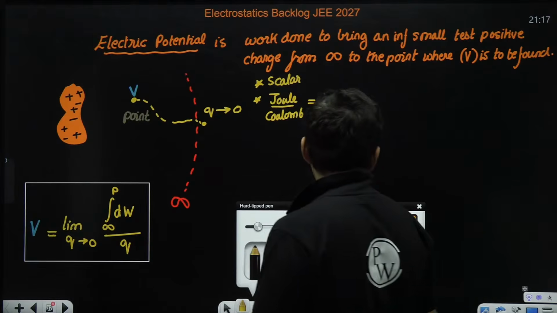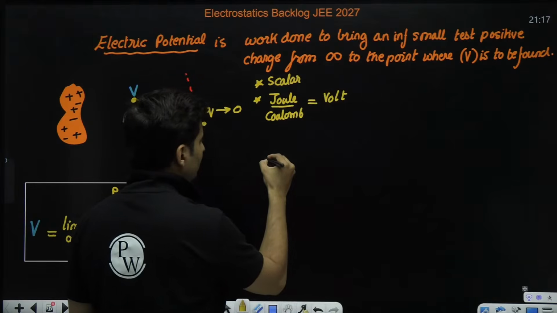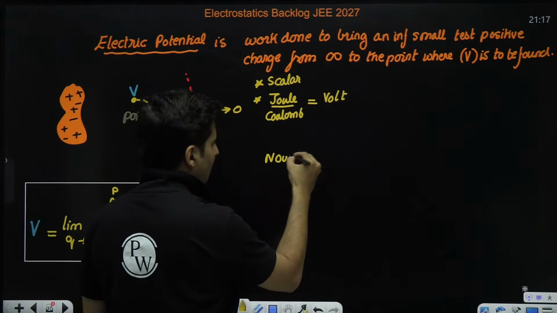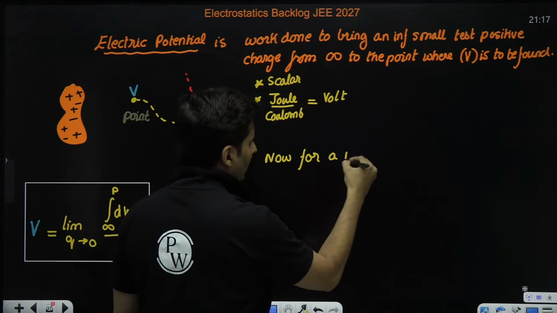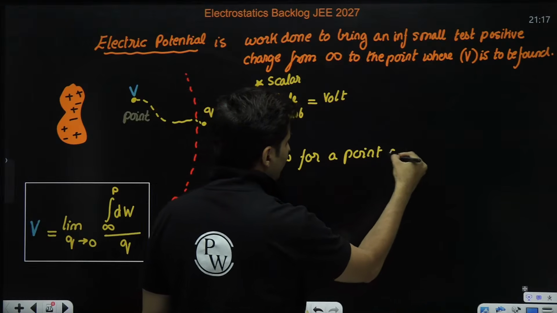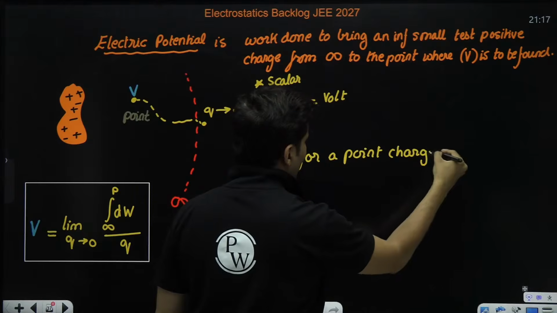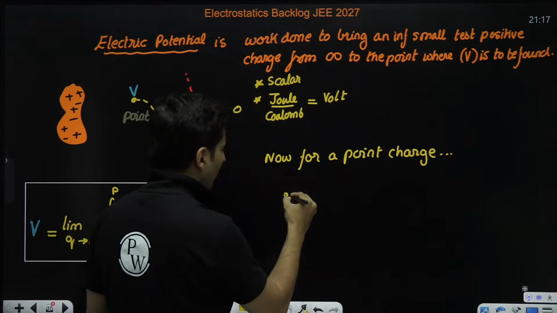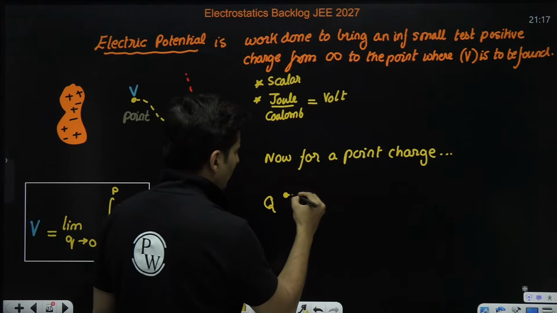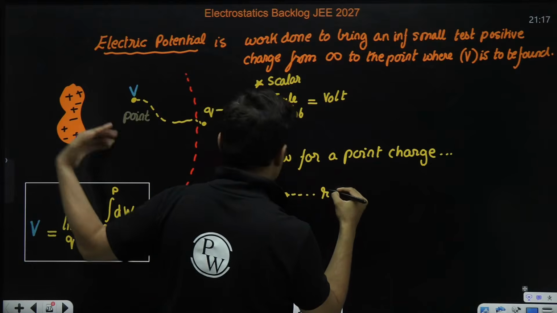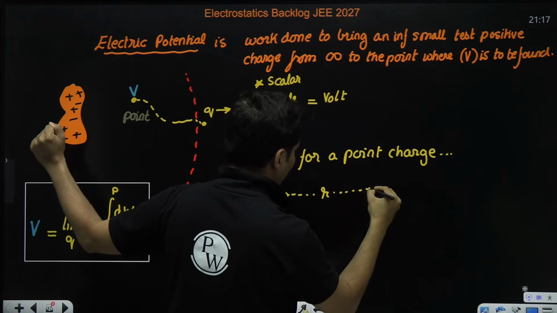Now if you take a point charge, what will happen? This is a point charge. This was not a point charge, this was some random thing. That was the definition.